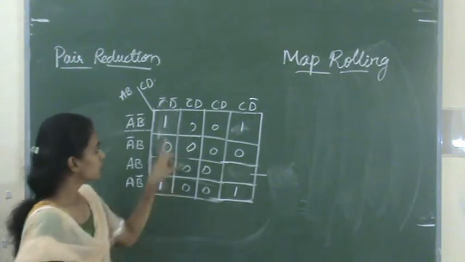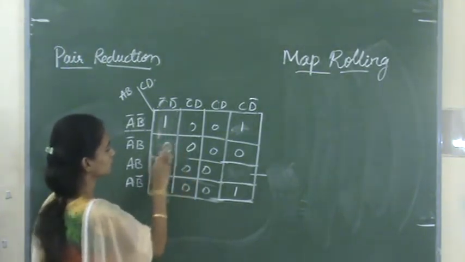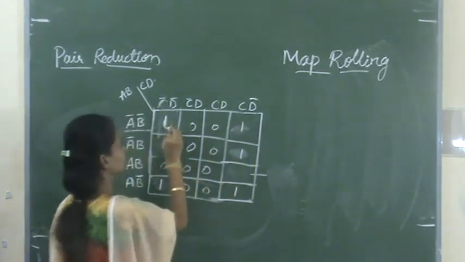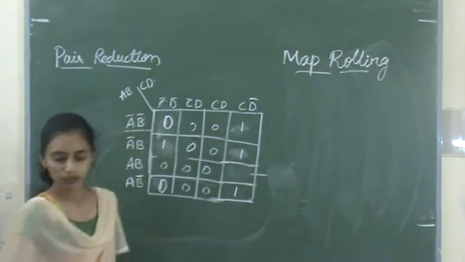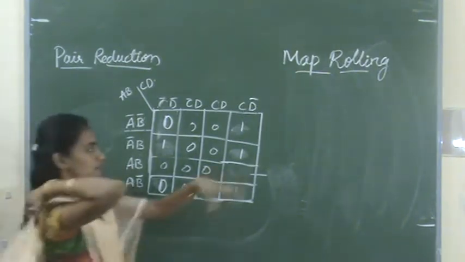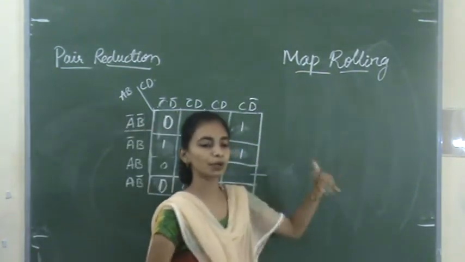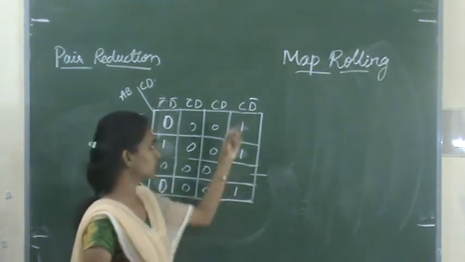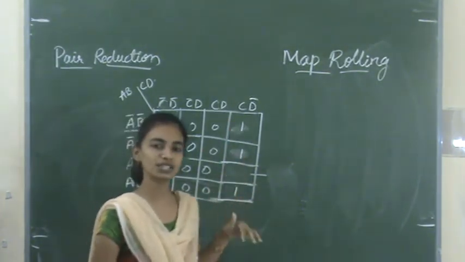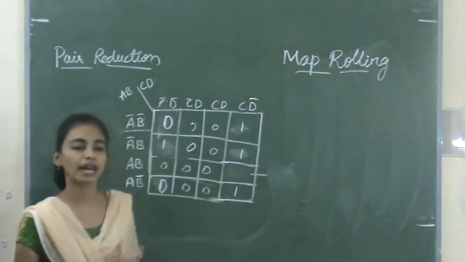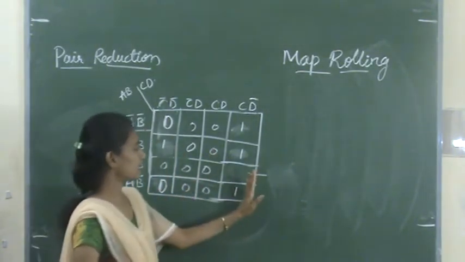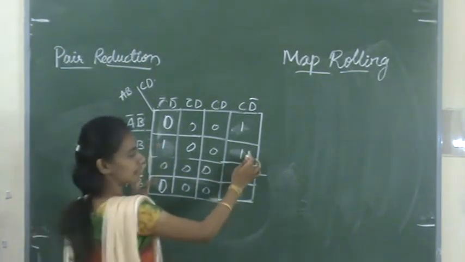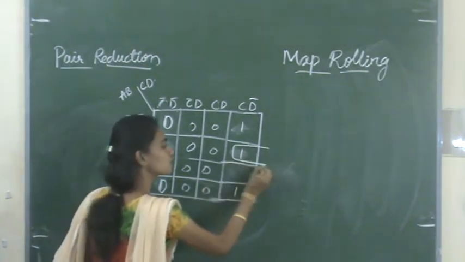See here, map rolling is a rolling where a left edge one touches a right edge one. So this is the left edge one, this is the right edge one, and this has to be rolled.